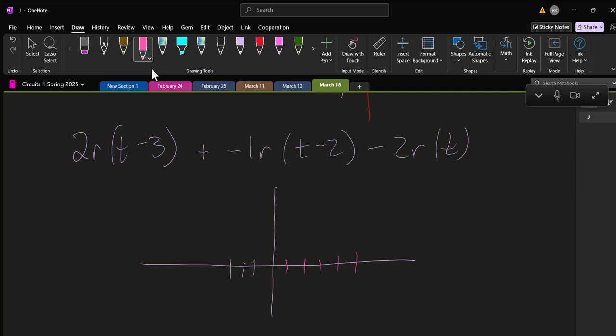Okay, so it's 0 until I get to 0, and then I have a slope of -2.